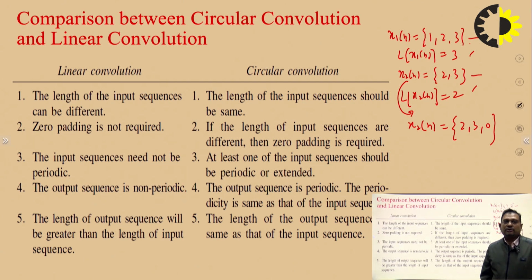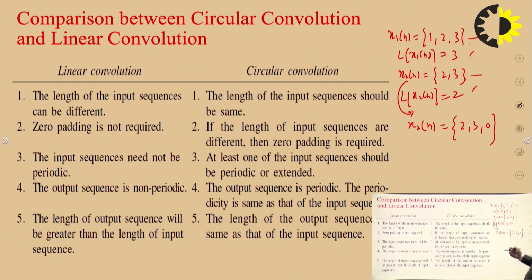In circular convolution, the output sequence will be periodic, and the periodicity is the same as that of the input sequence. Meaning, if both sequences have 3 elements, then the output will repeat itself after 3 values.